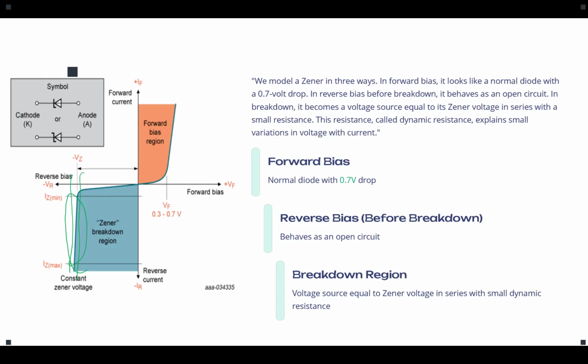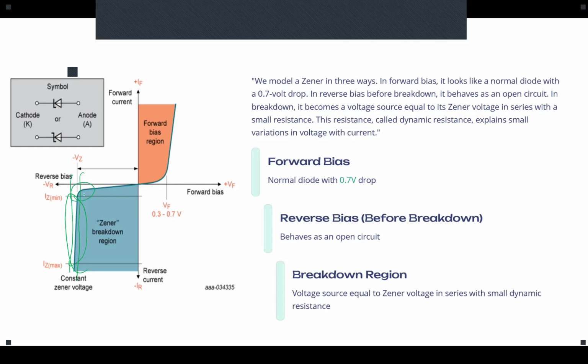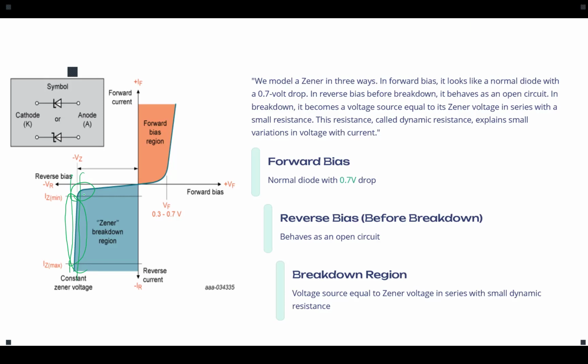There is an exponential knee on our graph, granted, but besides that, we have a very ideal vertical characteristic. So we could consider the same idea as the constant voltage drop model for the regular diode in forward bias. We can consider a constant voltage, a Zener voltage, in reverse bias for the Zener diode. Is that clear so far?